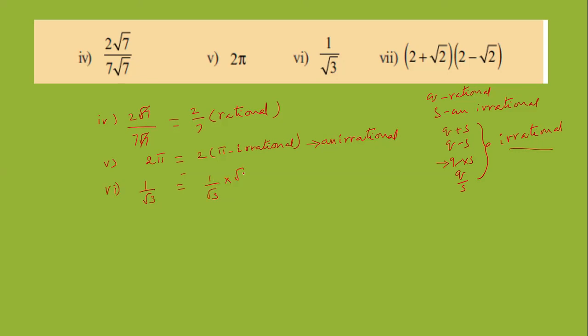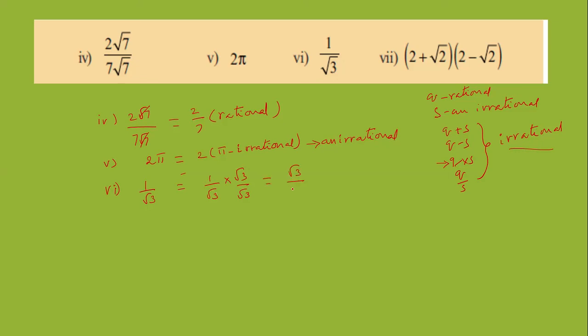Next law, there are two more. Sixth one, 1 by root 3. You rewrite this one like this, rationalizing the denominator. Hence you write 1 by root 3 into root 3 by root 3.